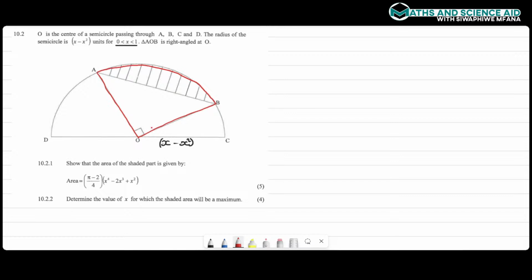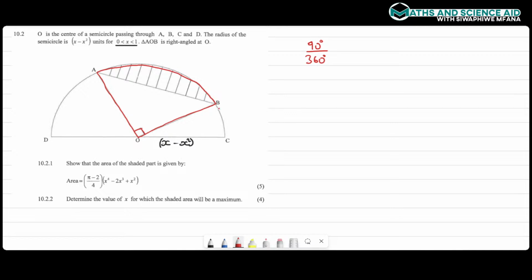So for this segment, you should note that it makes an angle of 90 degrees. A full circle has a full revolution of 360 degrees. This fraction here is simply giving us how much of a full circle this segment is.